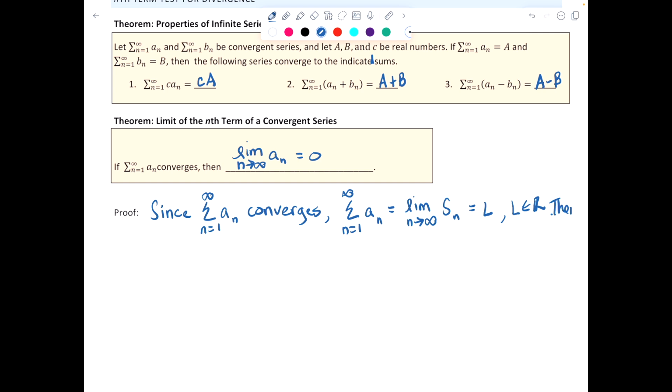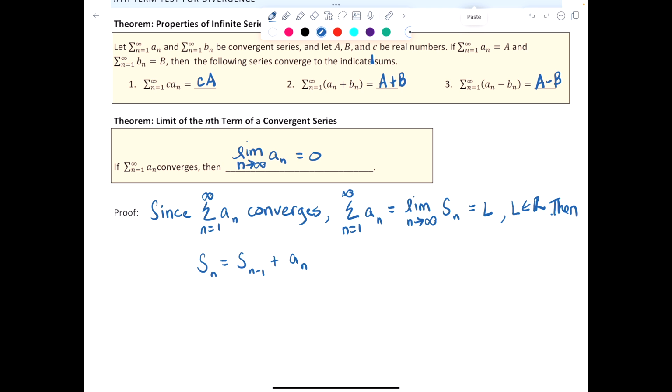Then, just like that problem we did above, S sub n will have to be S sub n minus 1 plus your nth term. Would you agree to that?